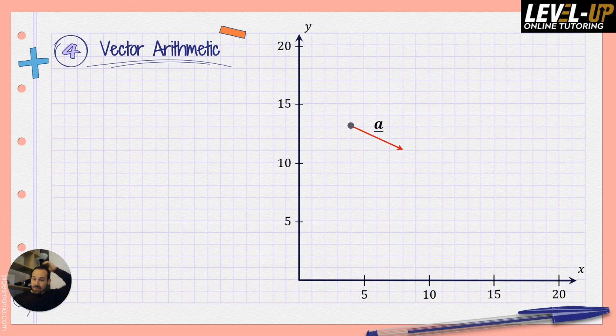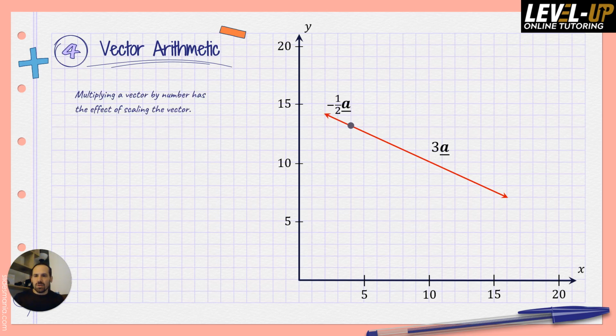What does it mean to then say if I triple that vector, I do 3 times A, it would look like this. And if we did minus a half of that vector, it would look like this. And so multiplying a vector has the effect of scaling the vector. This is why these numbers, like that 3 and that minus a half, in the context of vectors, are often referred to as scalars because they scale the vectors.